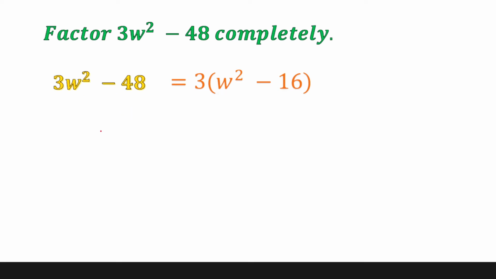Okay, next. Anong susunod na gagawin, sir? Titignan nyo ngayon to. W squared and negative 16. Again, pag sinabi natin difference of 2 squares, diba? A squared minus B squared. So, pasensya na kayo sa sulat ni sir, ha? At wala pa akong tech pen.